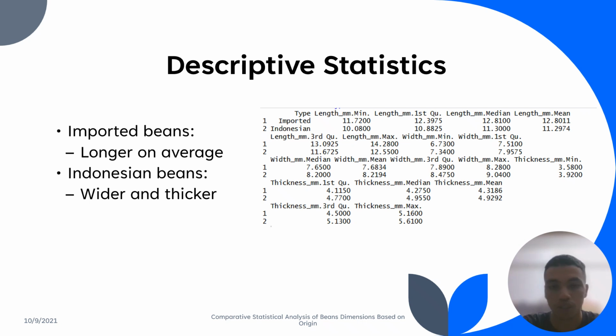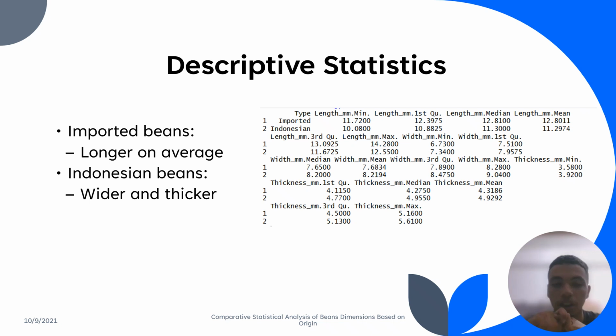First, the descriptive statistics. Based on the descriptive statistics, imported beans have a higher average length compared to the Indonesian beans.